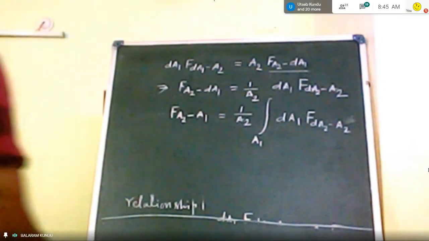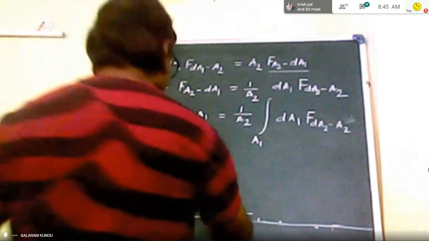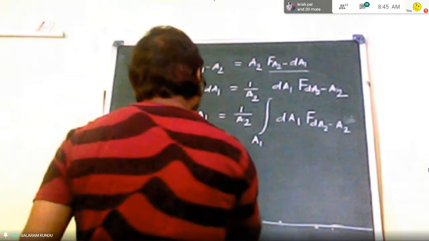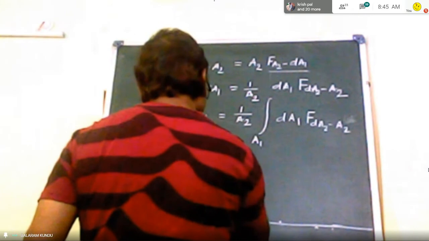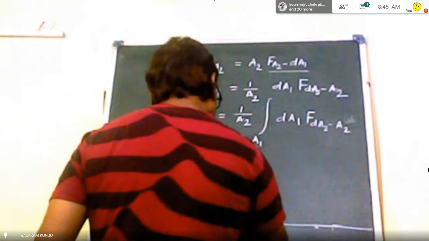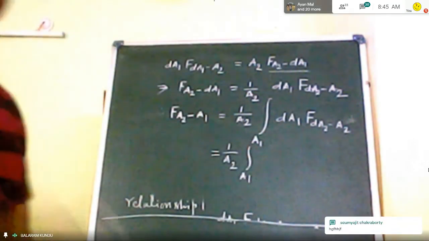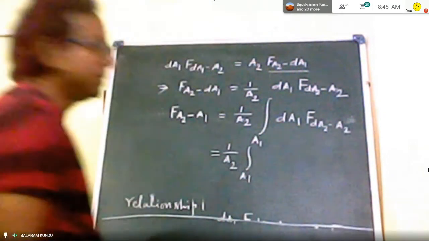So therefore, this part will be 1 by A2 into integration A1. Then expression is there, dA1 to A2, mathematical expression.